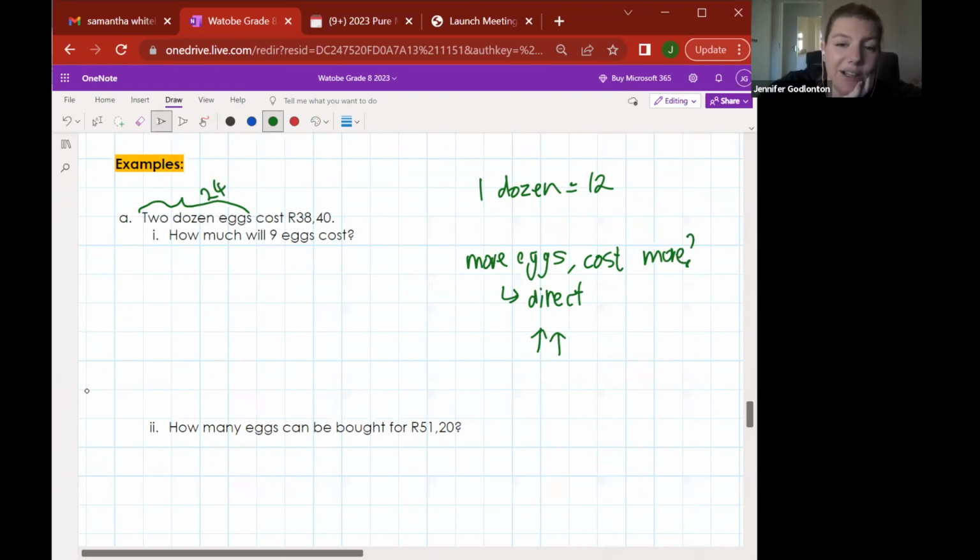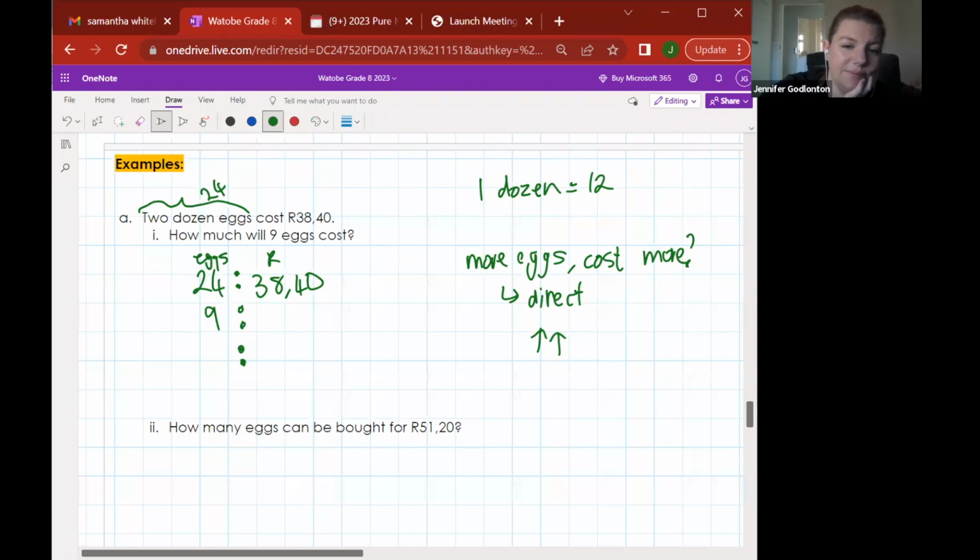So if it's direct, we're going to think ratio. So we have 24 eggs. That's going to cost us 38 Rand and 40 cents. And they want to know how much 9 eggs are going to cost us. So we're going to do our method.